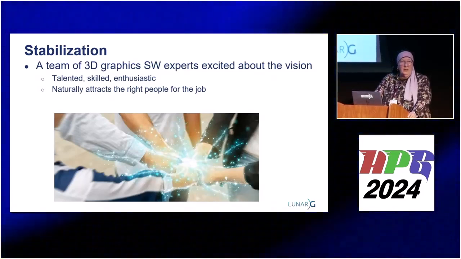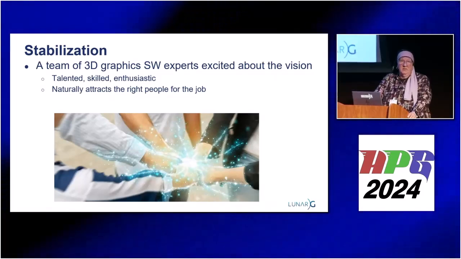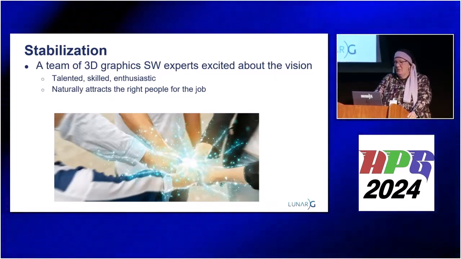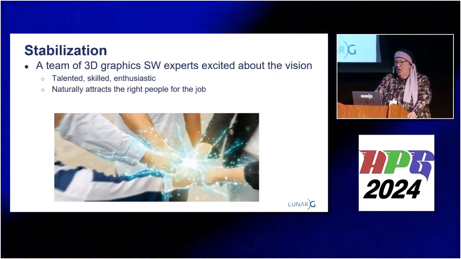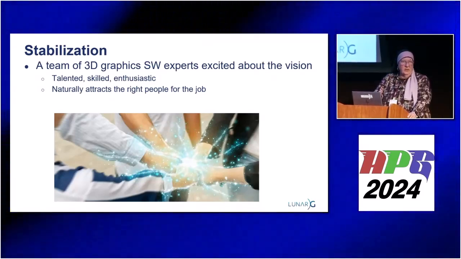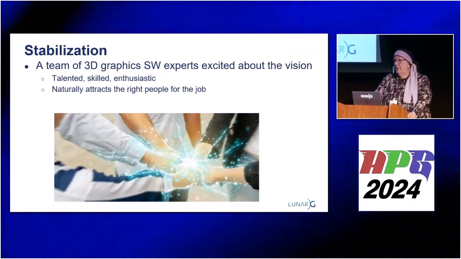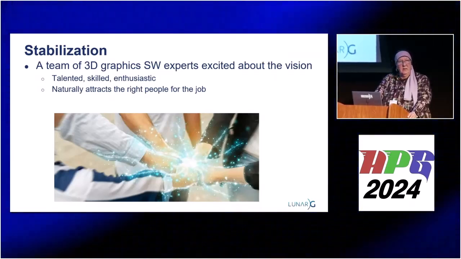And I get extremely talented candidates. Sometimes it's hard to decide between multiple candidates, but it naturally attracts the right people for the job. And the team that we have built up at LunarG, I'm extremely proud of them and amazed at their competency at what they do.